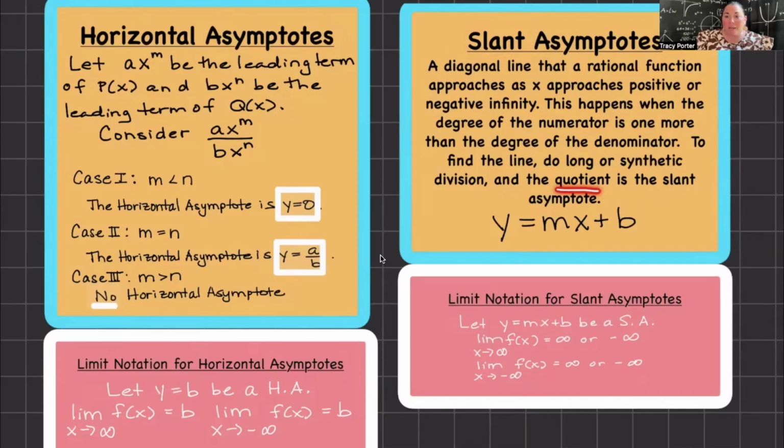You don't need the remainder, because the slant asymptote is sitting right there in the form y equals mx plus b, a linear equation.